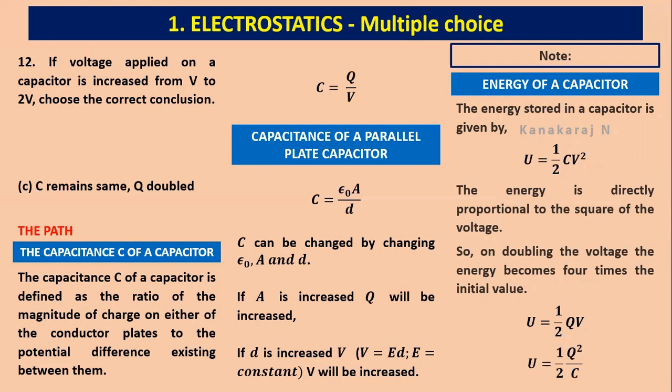On doubling the voltage, we found that the charge is also doubled. So 2Q will be squared, and we get 4 times the energy. So in any of these three formulas, you'll get the same value. Let us better use the first one, U equals 1/2 CV squared, an easy way to get the result.